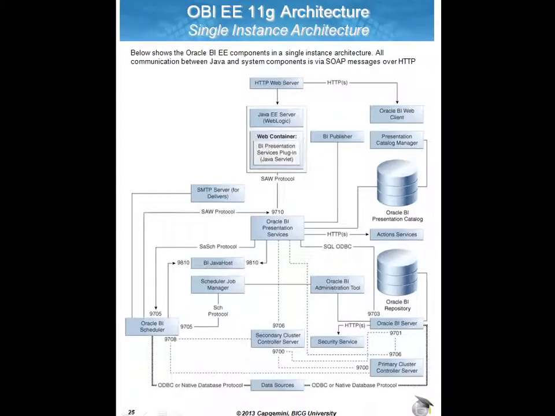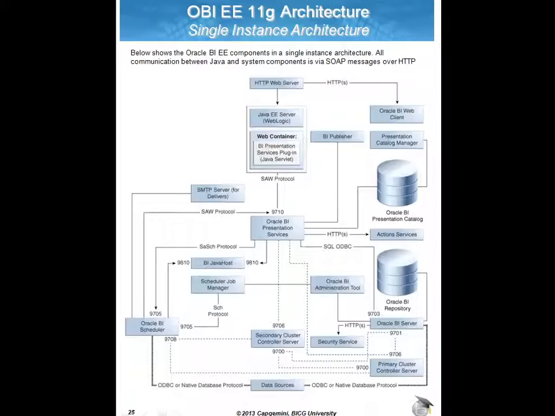Having taken a look at the architecture from a conceptual standpoint with those box diagrams, what's on the screen now is a typical, or you might say example, single instance architecture. And you'll see how all of these various components and services communicate with each other. And they communicate with each other over SOAP messages, over HTTP.